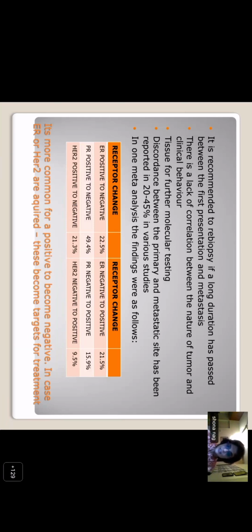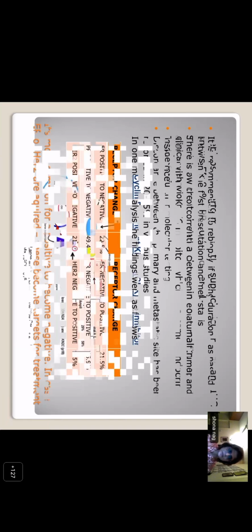Naturally, as time goes by, the tumor acquires more resistance. Especially in ER positive tumors, they will become hormone resistant. So they will start to reduce their ER positivity, they will lose their PR, and they will acquire a higher grade. In some cases where you pick up a marker which was previously negative, like ER or HER2, this is great because then you can have a target for further treatment.